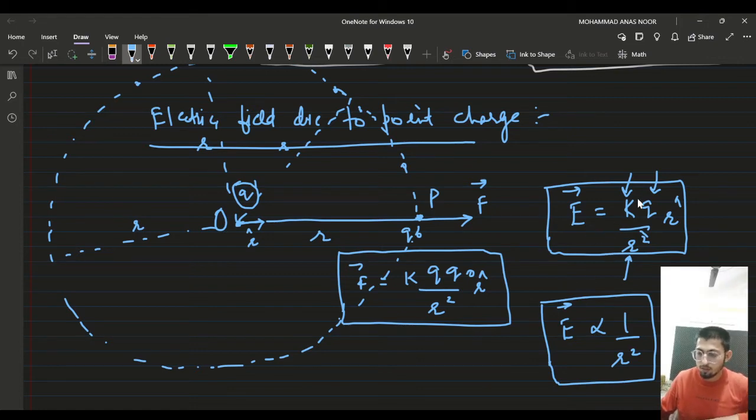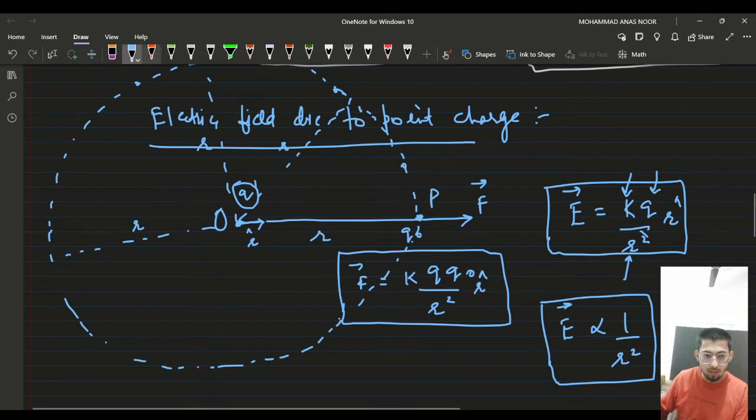Why? Because everything else is constant. The proportionality sign takes into account the things which are variables, isn't it? k is already a constant, and q is fixed, it is not going to change, because this is some charge placed at the origin due to which we want to find the electric field.